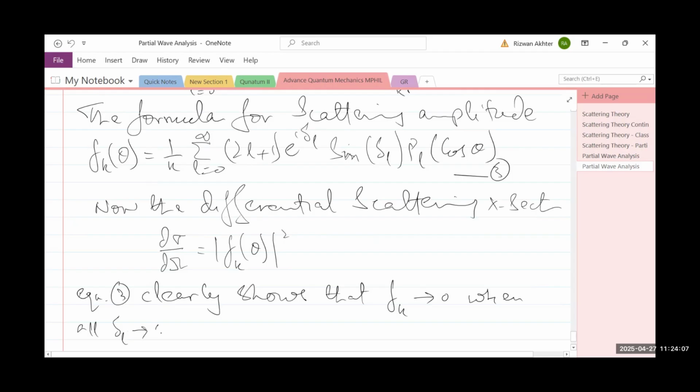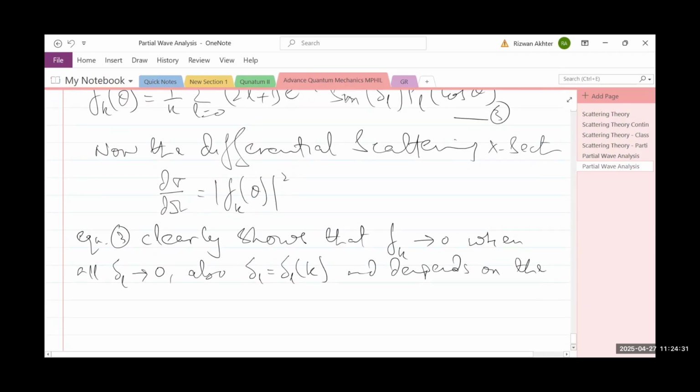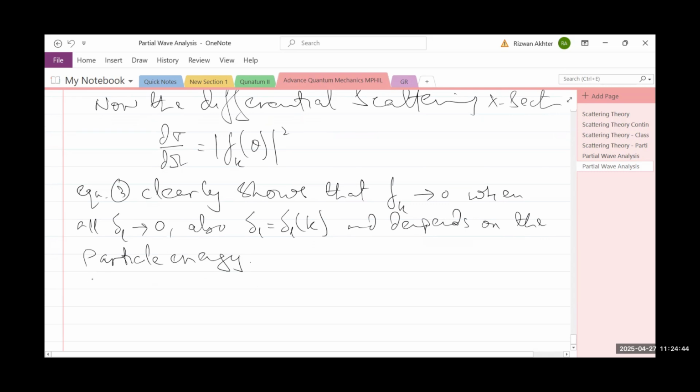So delta L is delta L as a function of k, and they depend on the particle energy. So there would be no scattering amplitude: fk tends to 0 as delta L tends to 0 on the particle energy.